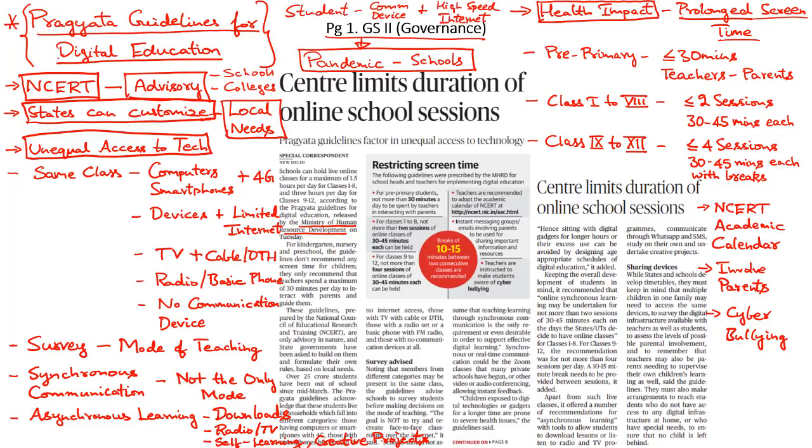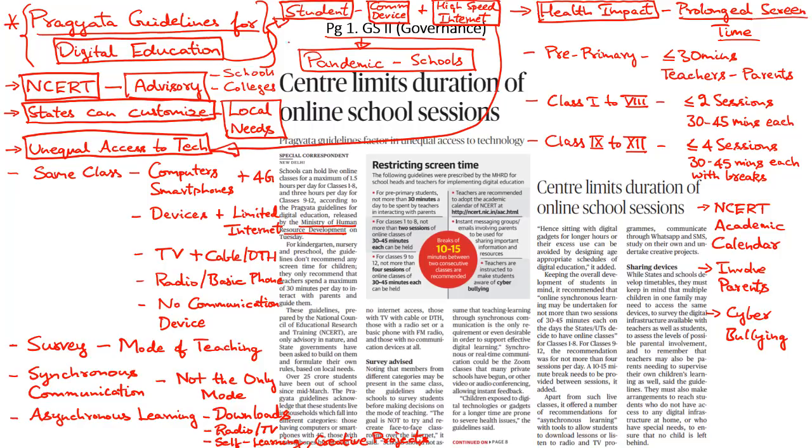See, for accessing digital education, there are two key resources that a student requires. One is a communication device such as a laptop, a desktop computer, or a smartphone, and second is a high-speed internet connection. But every student may not have access to these resources, thus creating unequal access to education.